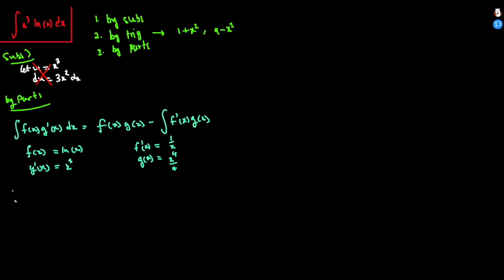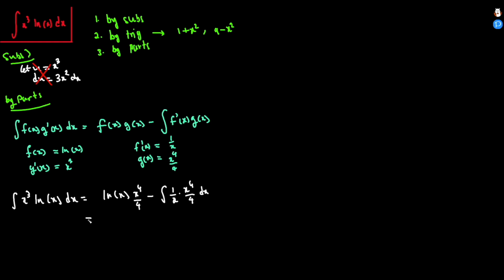So the integral of x cubed ln of x dx is f of x, which is ln of x, times g of x, which is x to the 4th over 4, minus the integral of f prime of x, which is 1 over x, times g of x, which is x to the 4th over 4, dx.